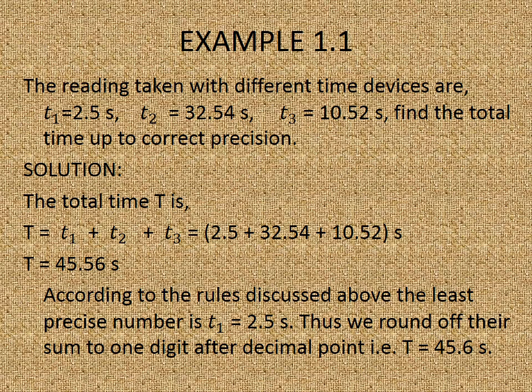Now the total time T = T1 + T2 + T3 = 2.5 + 32.54 + 10.52 seconds, which is equal to T = 45.56 seconds. According to the rules discussed above, the least precise number is T1 = 2.5 seconds. Thus we round off the sum to one digit after the decimal point, that is T = 45.6 seconds.